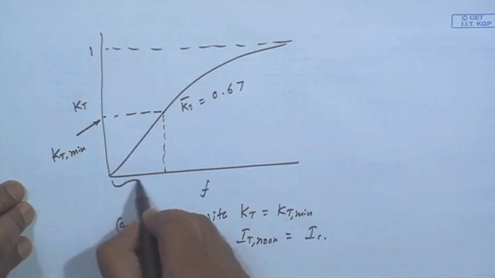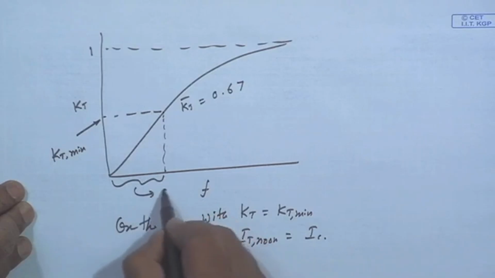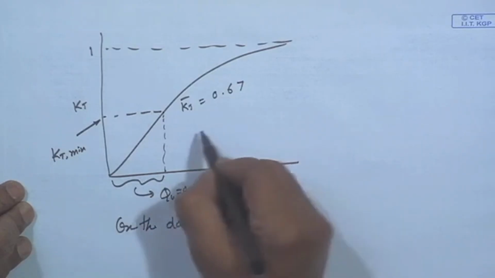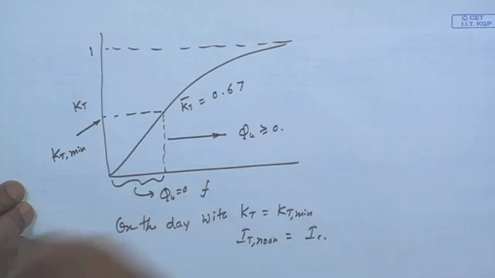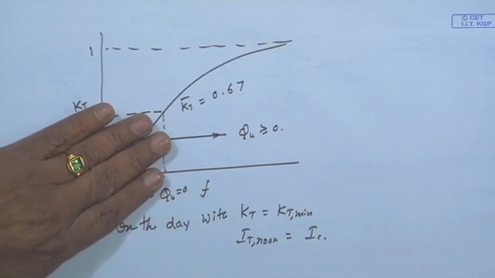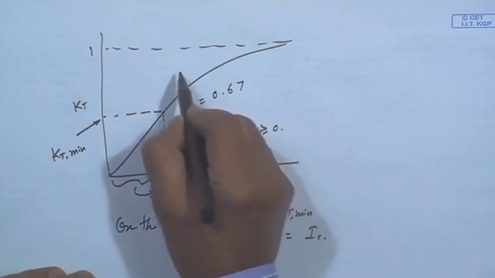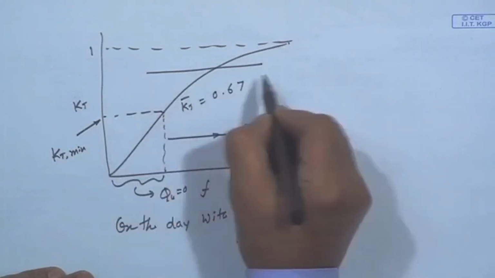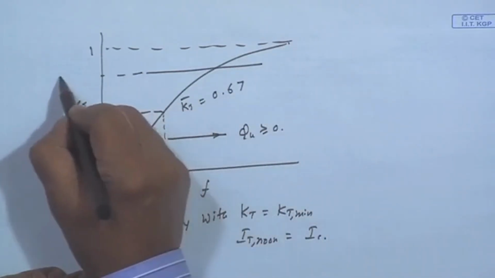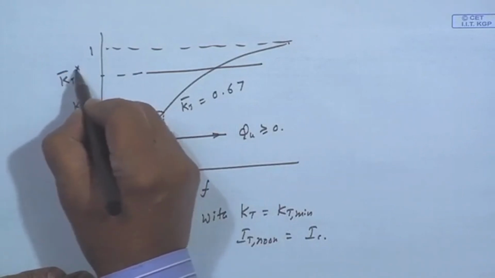So, these days QU equal to 0 and these days QU is greater than or equal to 0. So, I will ignore these days and find out average of the clearness indices from here to here. This is my kT bar star.